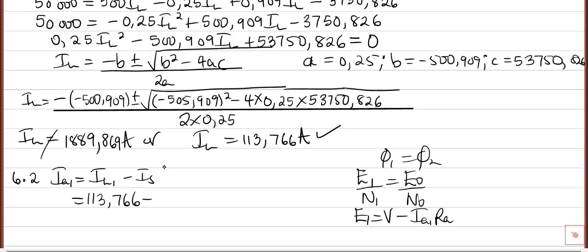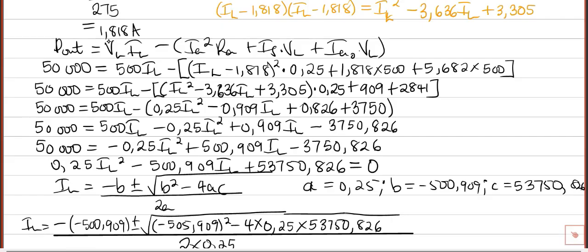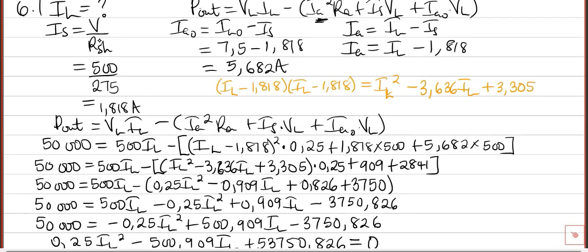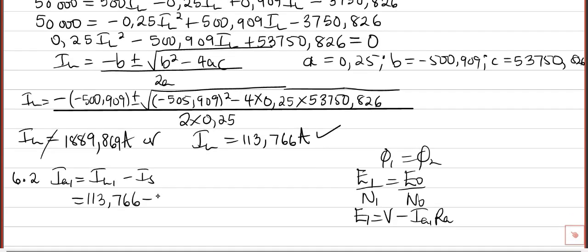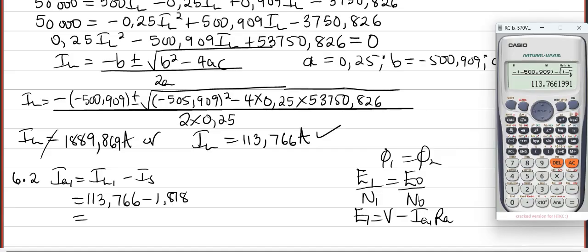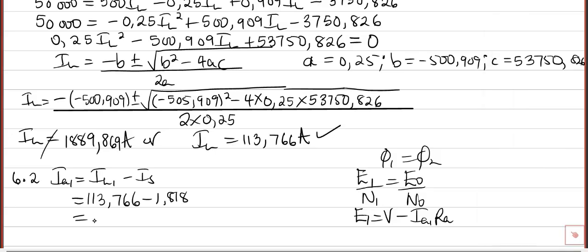Earlier on, we got 1,818 for I shunt. So 113,766 minus 1,818 gives 111,948. How much? 111,948 amps.